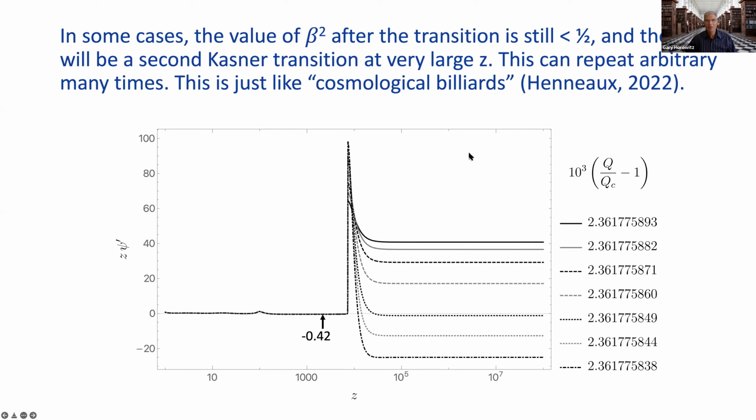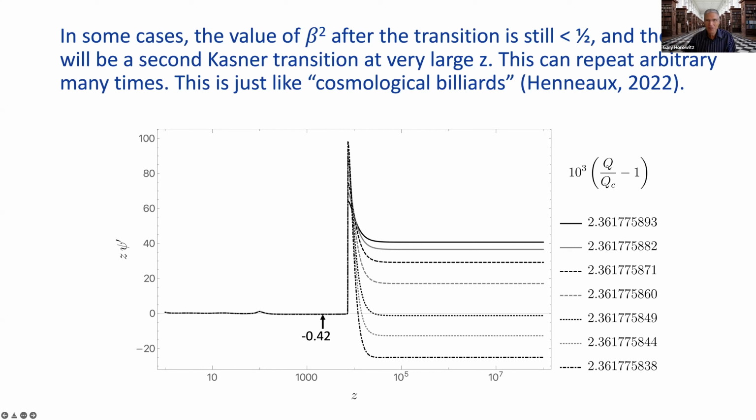And so after our work came out, Mark Henneaux recently put out a paper showing that this type of dynamics that we found numerically falls into a scheme that they call cosmological billiards. It's related to this old Belinsky, Khalatnikov, Lifshitz behavior approach to a cosmological singularity, which showed repeated epochs of different Kasner behavior.